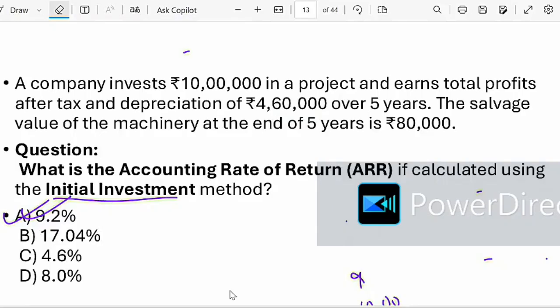Okay, so let me explain how to go about calculating it using the average investment method.